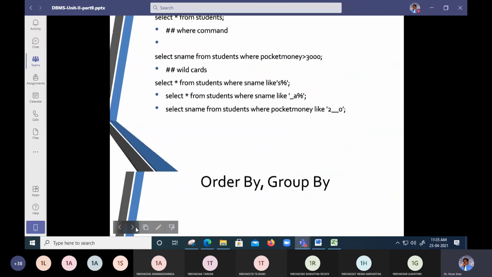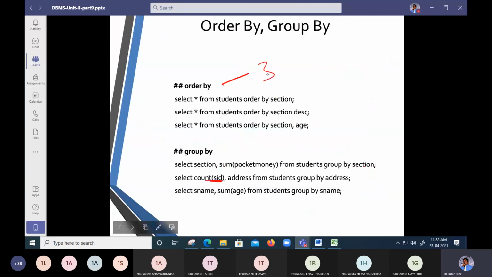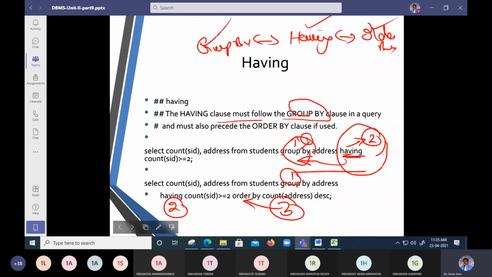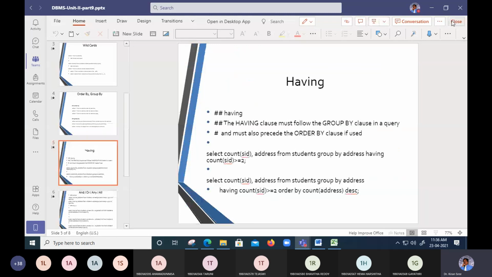Next we talked about order by, that is three. Next we talked about group by, and finally in today's class we talked about the having clause. So in total there are 5 clauses which are going to be part of the SQL DML command. Okay, this is all for today.